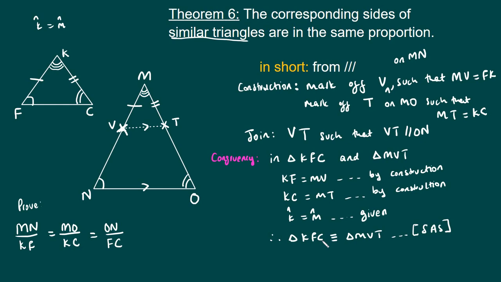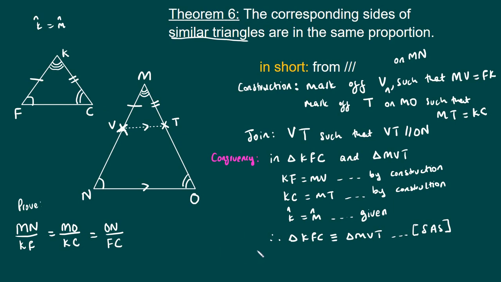Good. We have proved that these triangles are congruent. But what does congruency mean? Remember, it means that the triangles are equal in all respects, which means that this triangle is exactly the same as this triangle. The angles are equal, the sides are equal, all of them. That is what congruency means. So that will mean what?